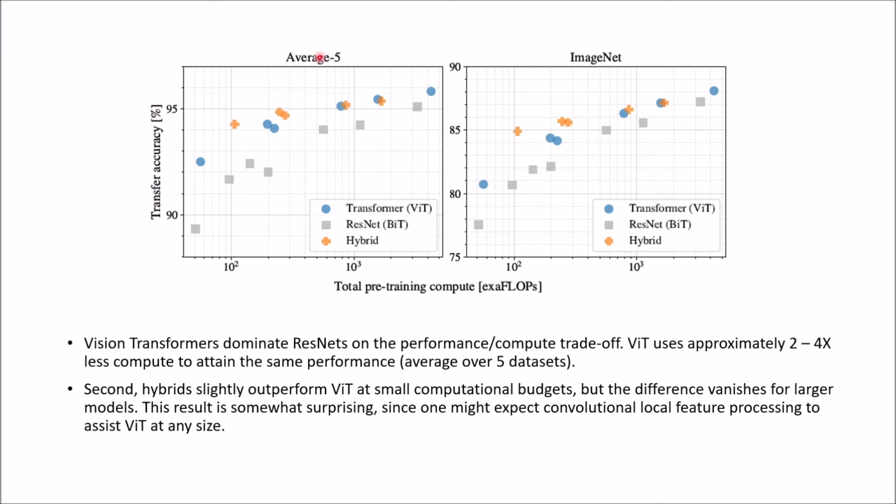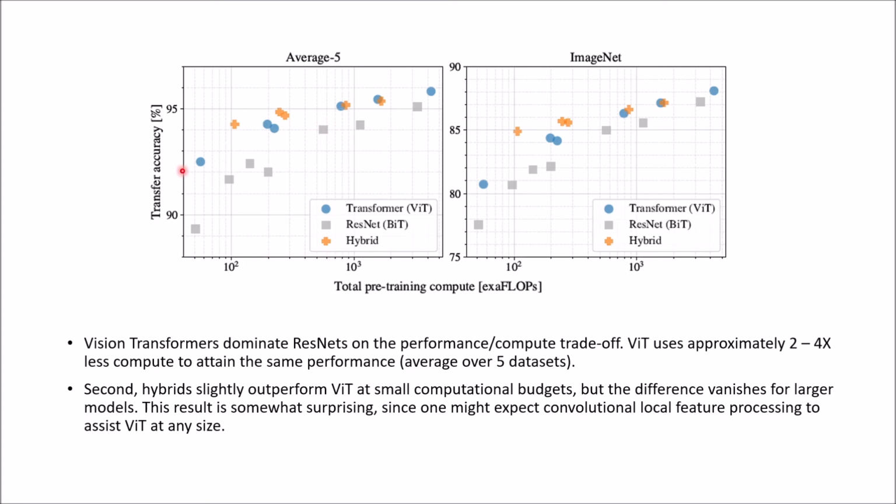From this graph, we can conclude that the Vision Transformer dominates ResNet on the performance versus compute trade-off. ViT uses approximately 2 to 4 times less compute to attain the same performance. For example, we can see here the Vision Transformer has the same performance as the ResNet here, and there is a big difference in compute.